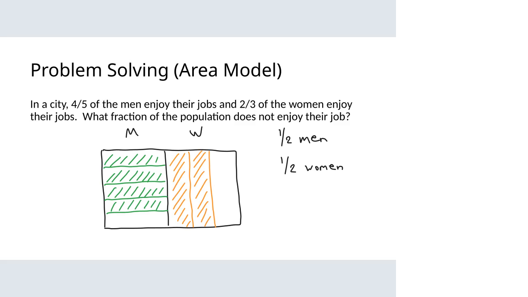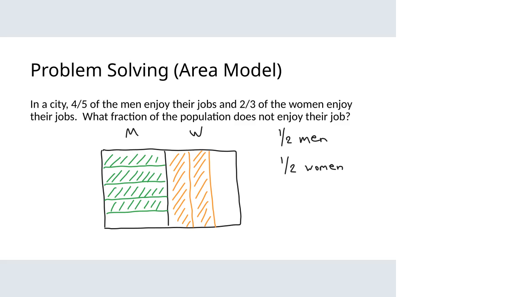So we've got a picture here that shows half the people are men, half the people are women. 4/5 of the men enjoy their jobs and 2/3 of the women enjoy their jobs. What fraction of the population does not enjoy their job? What we're trying to find out here is what fraction of the population is represented by those unshaded pieces.